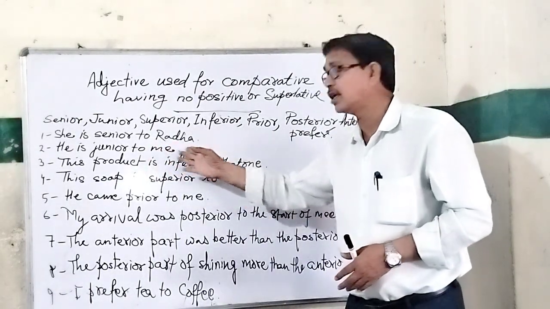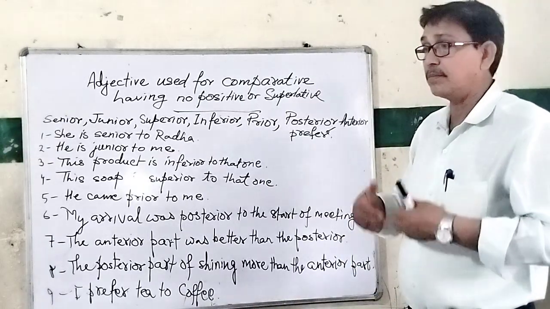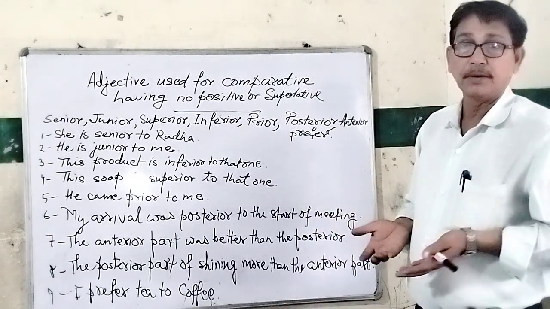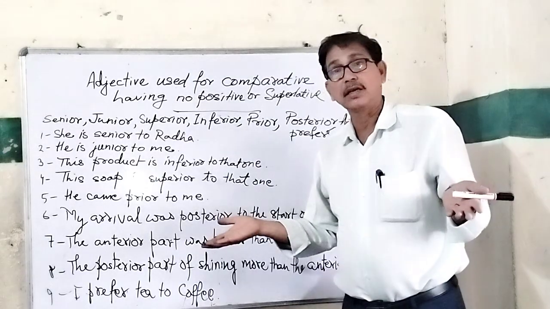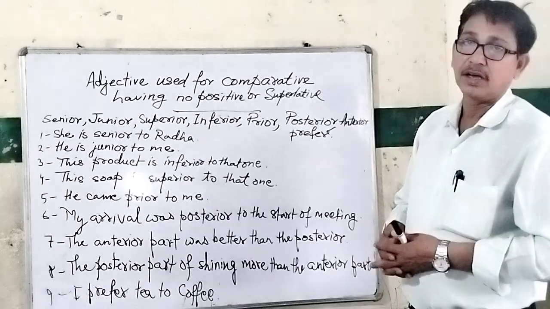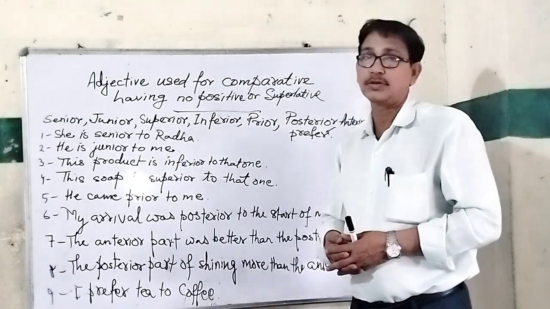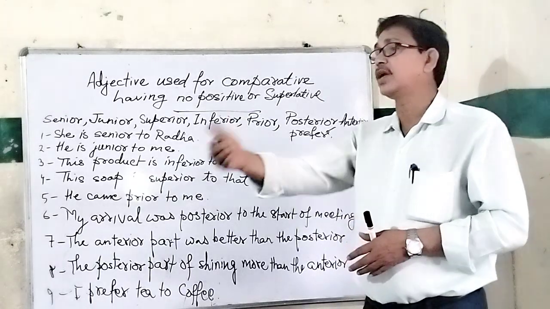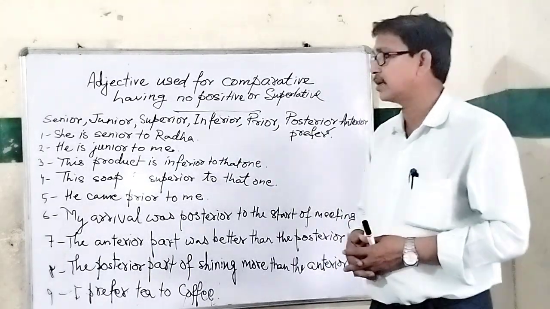Second, he is junior to me. So he is junior to me. Suppose I teach in class intermediate and someone teaches in primary classes, so I may say that he is junior to me. Or if a student reads in class 10 and someone reads in class 9, that will be junior.